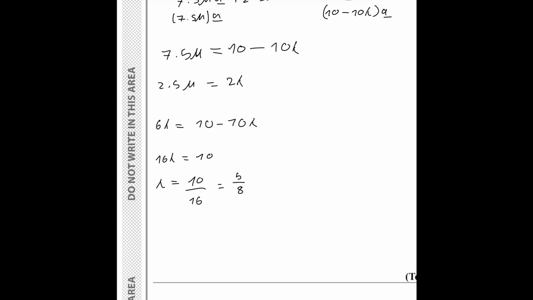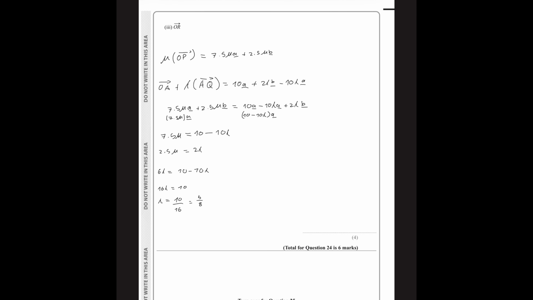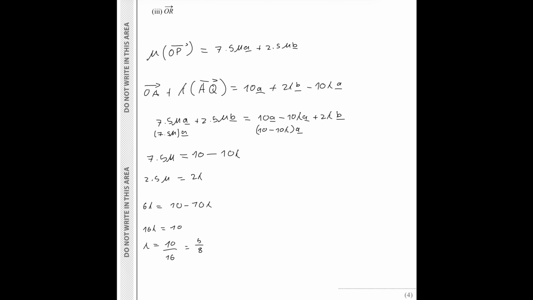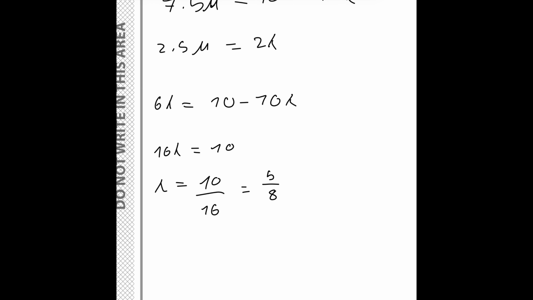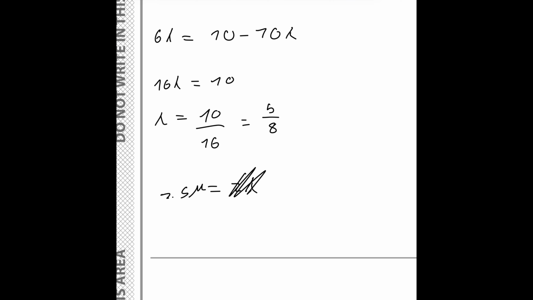Since we've already found lambda, we can substitute it back in. But I don't want to use the second equation because it's kind of complex, so I'm going to find mu. Since 2.5 mu is equal to 2 lambda, and 2 lambda is just 10 over 8, mu is going to be equal to 10 over 8 divided by 2.5, which I'm going to do on the calculator now.